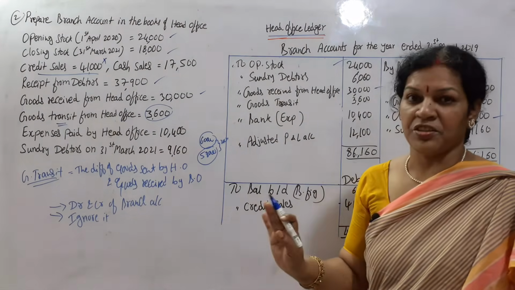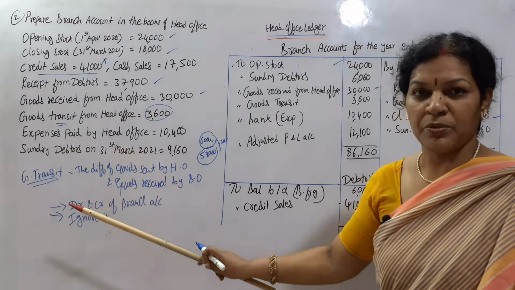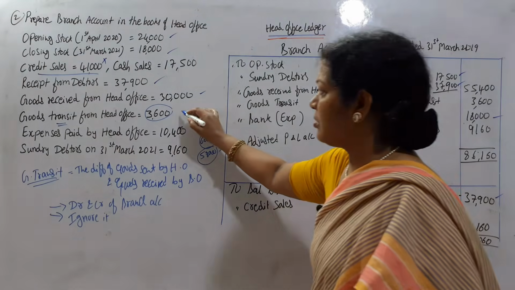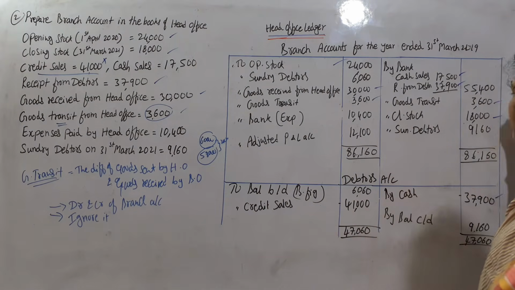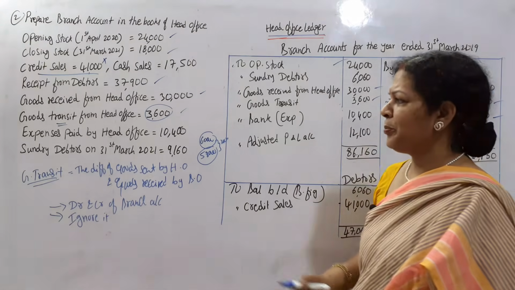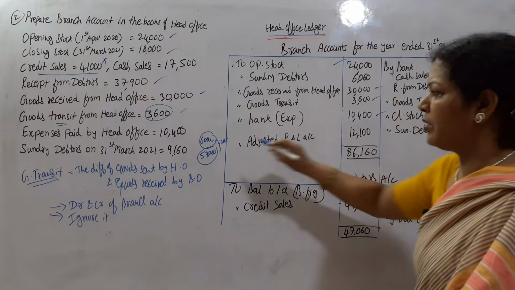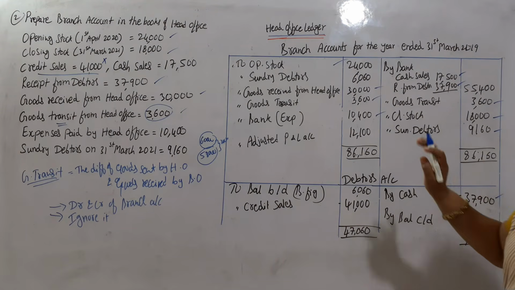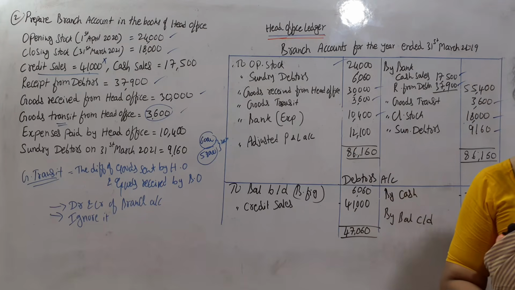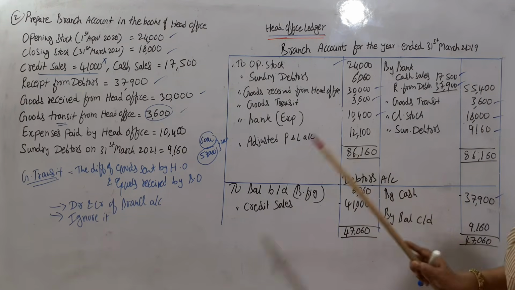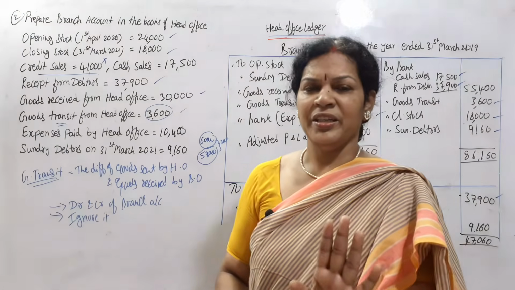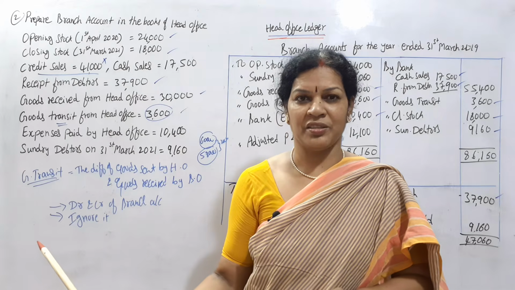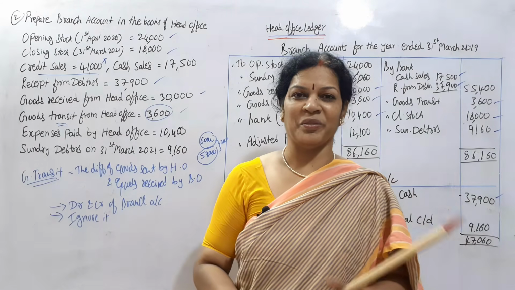Goods in transit, as I explained, is the difference between the goods sent by the head office and goods received by the branch office. This 3,600 we have written on both the sides, or otherwise don't write on both sides. Expenses 10,400 here, and closing debtors are here. Okay, that's it. You got the adjusted profit and loss account, total amount 12,100. Simple problem. Here we have learned why we have to open the debtors account and what is goods in transit. That's the difference between the previous problem and today's problem.